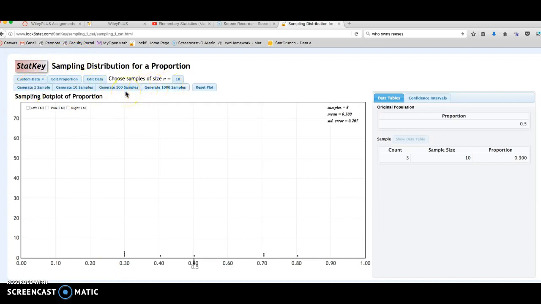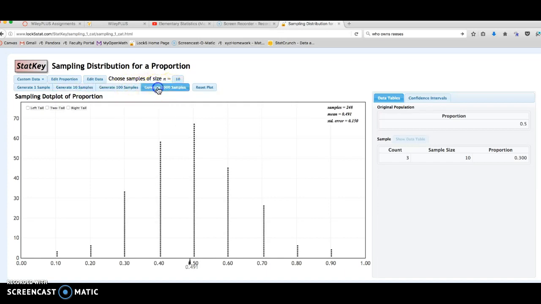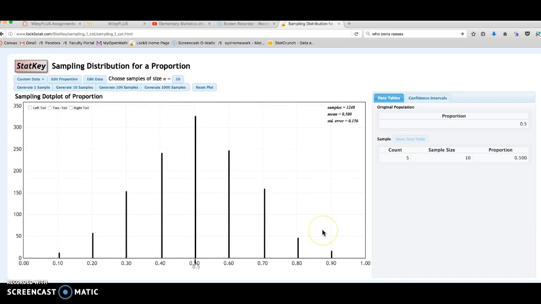I could have the entire class do this to get a bunch of information, or we could do many different samples over and over again. 100 samples, then 240 samples, and then with simulation, let's generate 1,000 samples. So now we've taken 1,248 samples of 10 Reese's Pieces, and each of these plots a sample proportion.